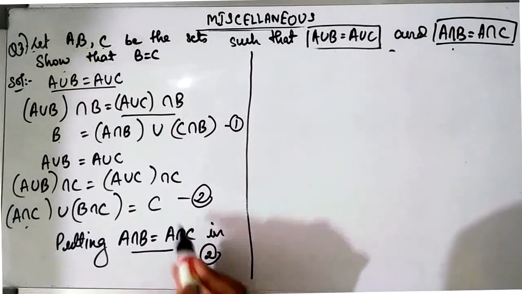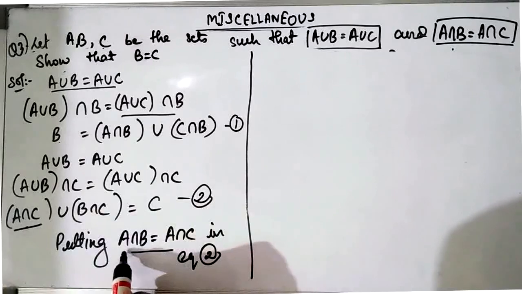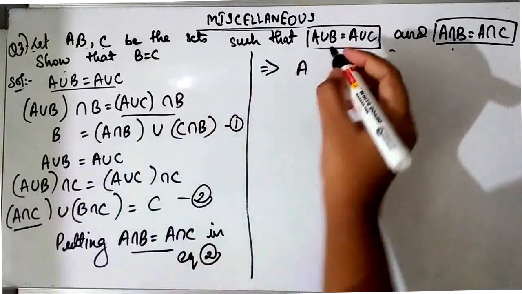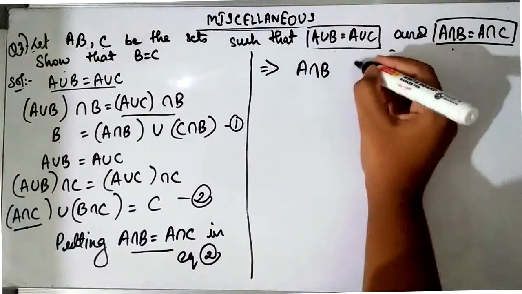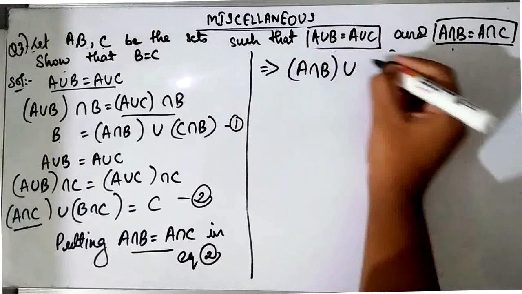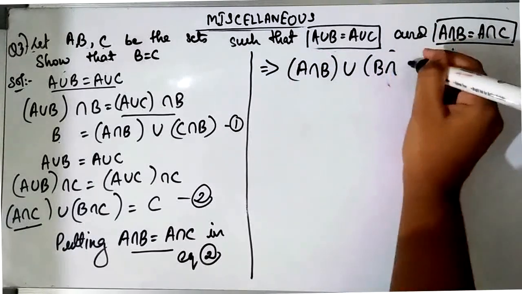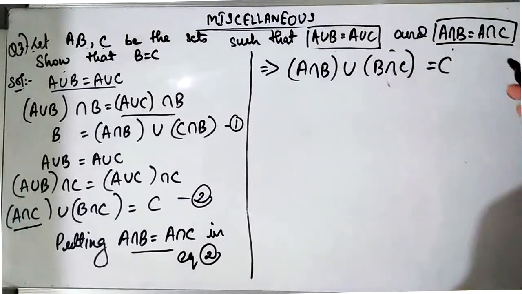That is, in place of A intersection C, we will write A intersection B. So from this value we write A intersection B union B intersection C is equal to set C. Now this becomes our third equation.